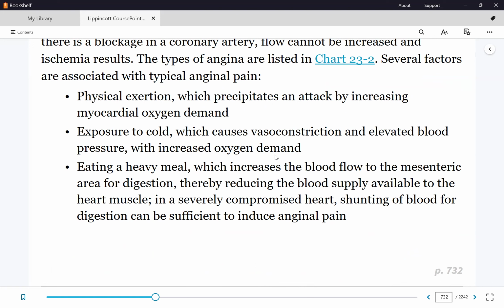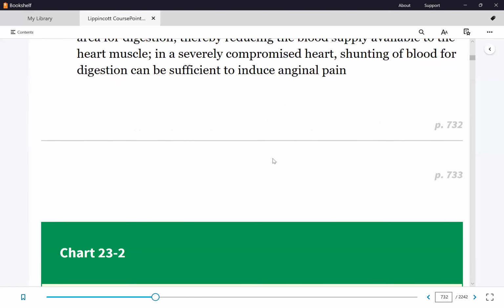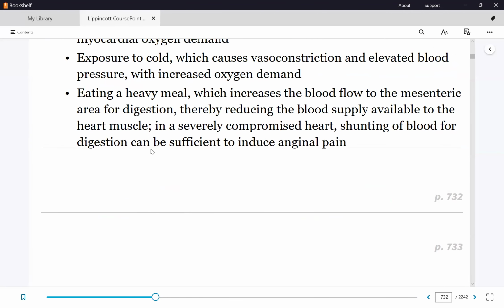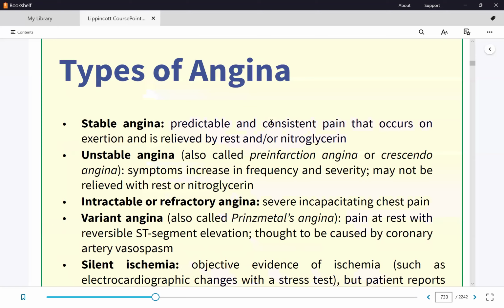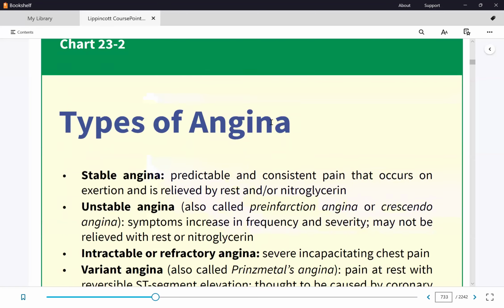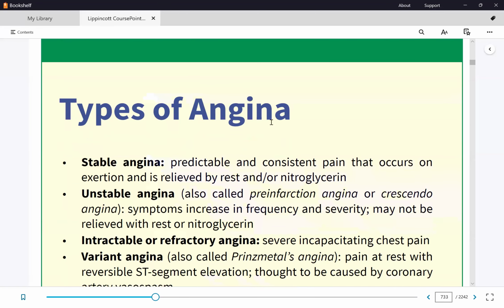When you're digesting, of course, blood is shunted away from the heart, correct? Blood goes to the GI tract. So it still leads to decreased oxygen supply. So there, shunting of blood for digestion, that's enough to trigger the symptoms. I won't test you on chart 23-2 because chest pain is chest pain.